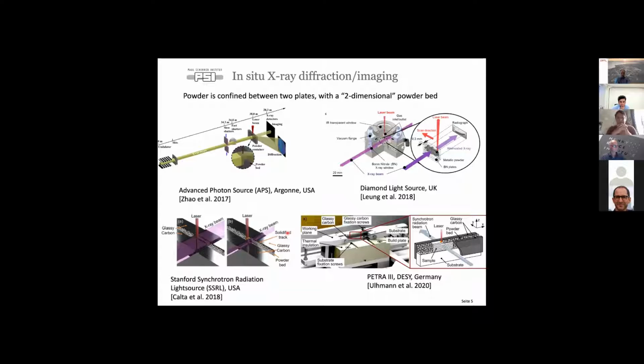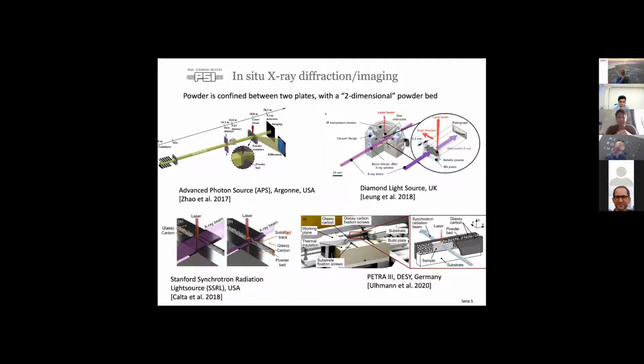Now, using X-ray diffraction has been done before. I show you here a few examples where people have used high energy X-rays to investigate the interaction between a high power laser and powder. Typically, the powder is confined between two plates, with a distance of a few hundred micrometers.